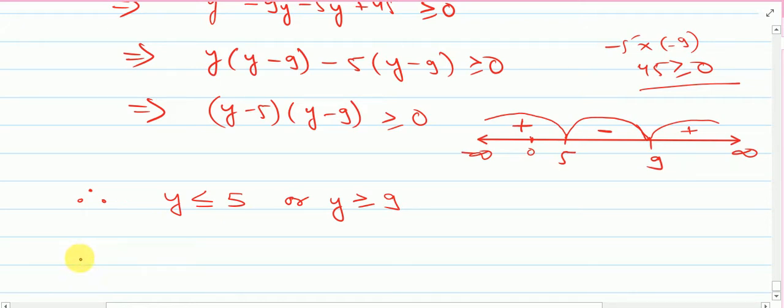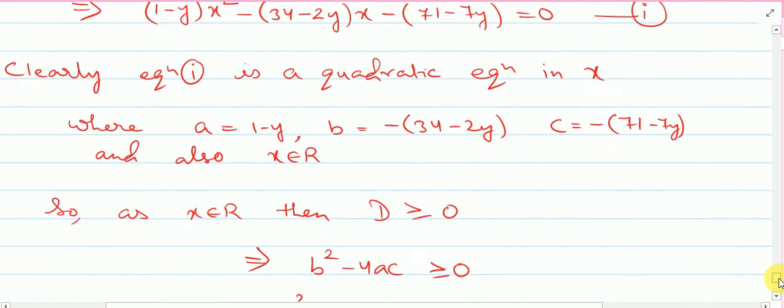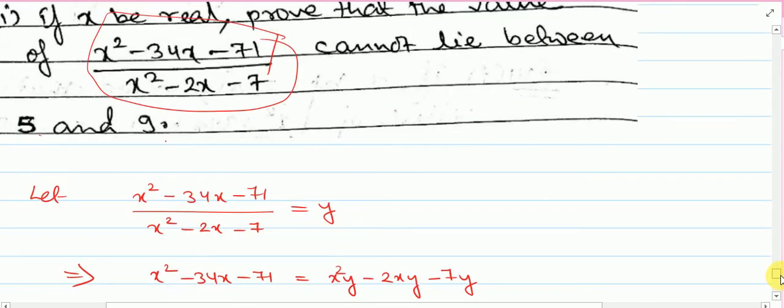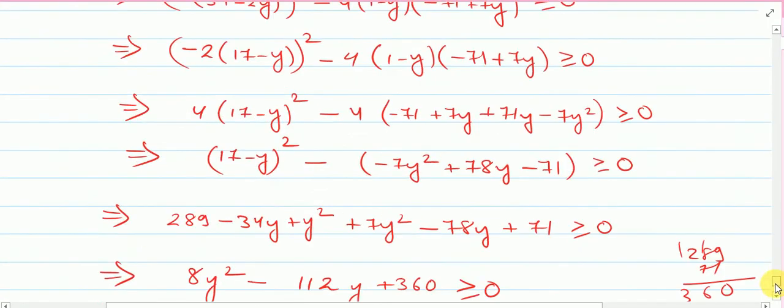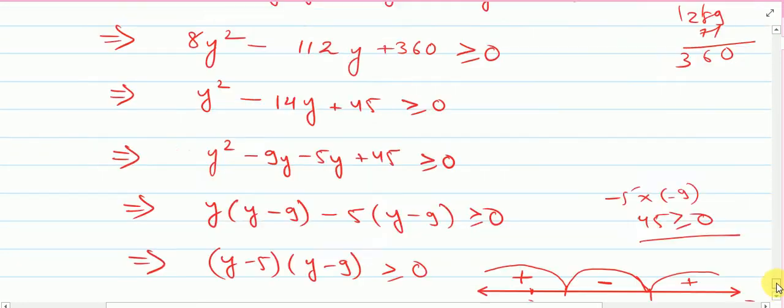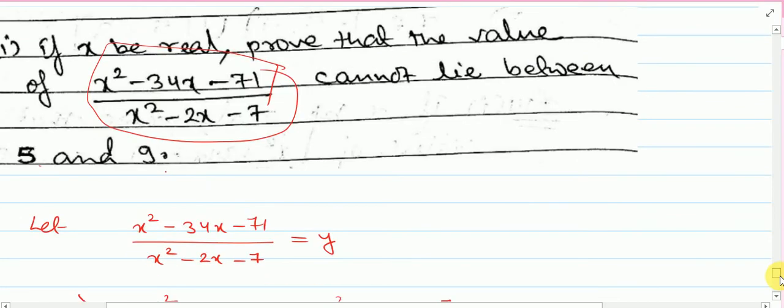So you can write thus. Now we have to write down that expression. So it is x square minus 2x minus 7, let me check once, minus 7.